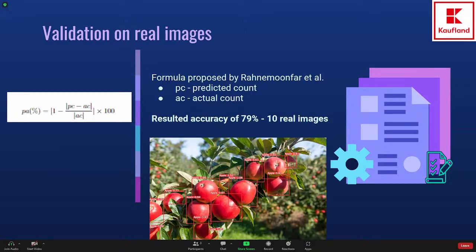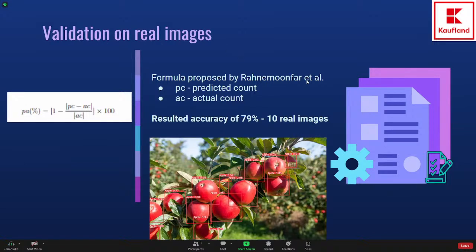It is problematic because we weren't able to get enough data to validate this better, but we obtained an accuracy of 79%, which is comparable to the results presented in the state-of-the-art part.